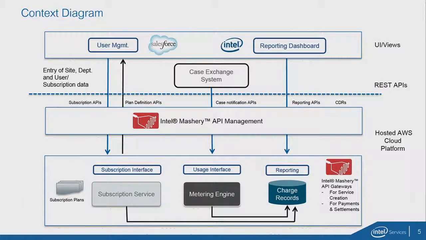We use this in telco, and we use this in e-commerce type of situations. It's a generally available product. It's called Intel Mashery API Gateway for service creation and for payments and settlements, so there are two flavors of this, right? And then we have the Intel Mashery API management. This is also a generally available product.